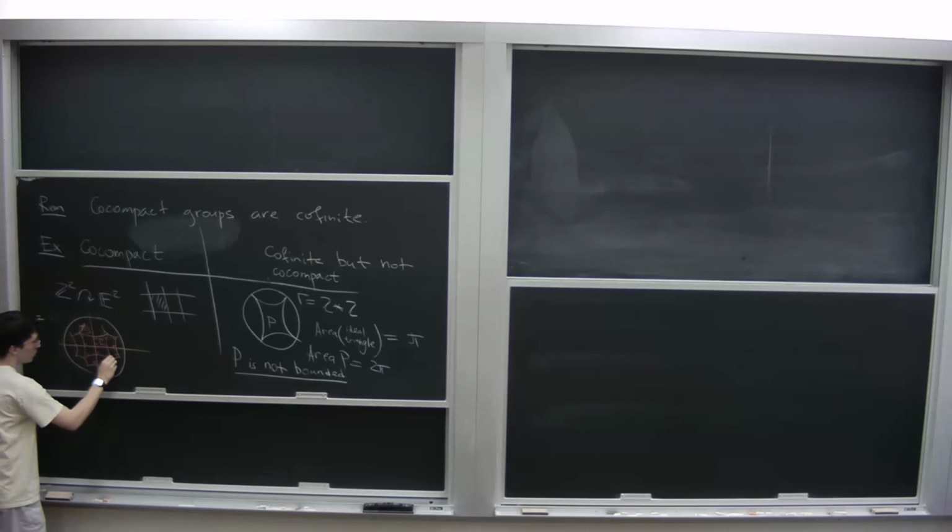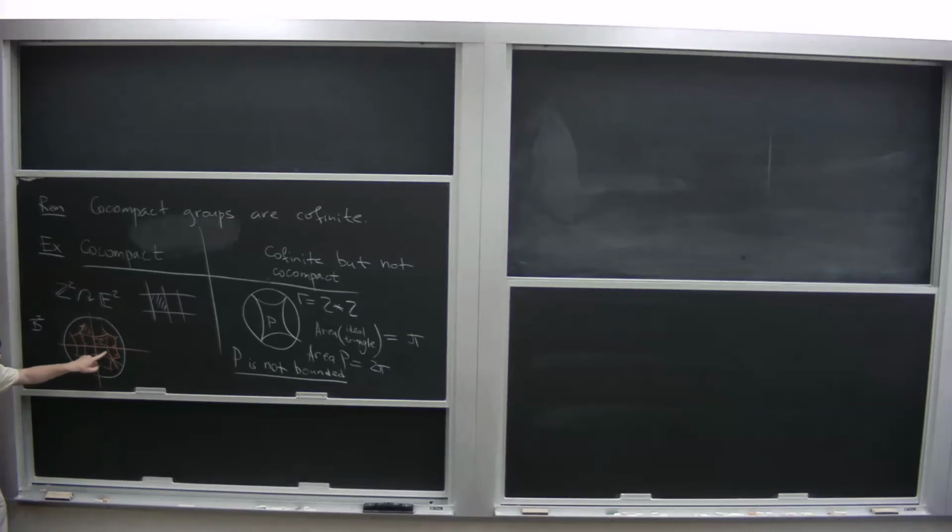See? So in this tiling, we have vertices of valence 4, and this corresponds to all angles being equal to pi over 2. And we will also have vertices of valence 6, and this corresponds to angles pi over 3, since you will have 6 angles meeting at the same vertex.